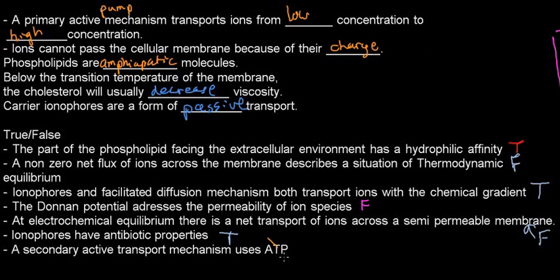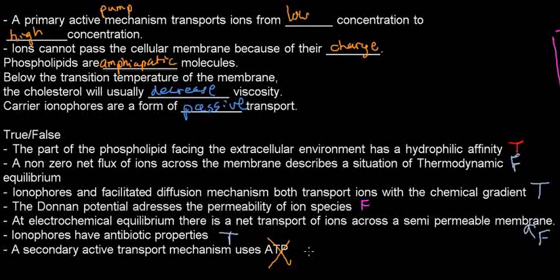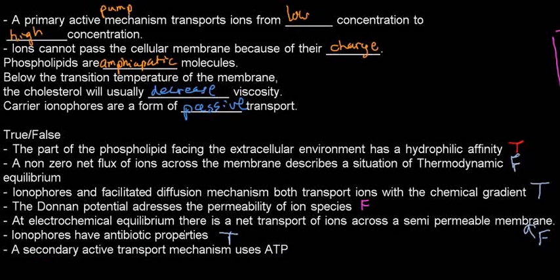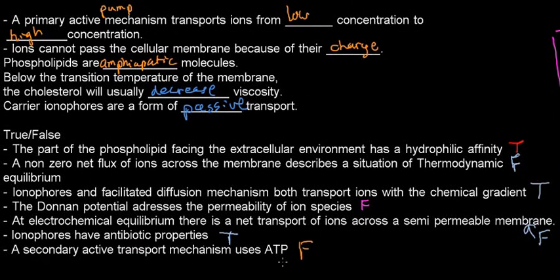The answer is no, it does not. It uses the chemical gradient. The only thing that uses ATP is a molecule that hydrolyzes it, and the secondary active transport does not hydrolyze it. So this would be false. Or I can say a secondary active transport mechanism does not use ATP. So that would be true.